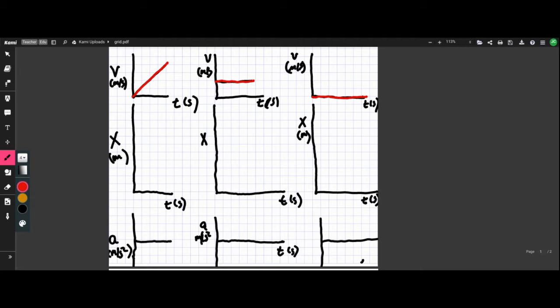So in looking at the first graph up here, I have an area in the first second of 1/2. In the next second, I have an area of 1.5. In the next second, I have an area of 2.5. In the last second, I have an area of 3.5.